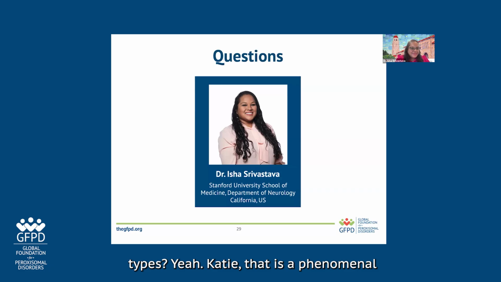Yeah, Katie, that is a phenomenal question, and a question that we're all really interested in that data. But unfortunately, we don't have concrete examples of which seizure types are more frequent, whether the seizure types correlate with some of the imaging abnormalities that we've seen, or a lot of data about which medications are more effective.